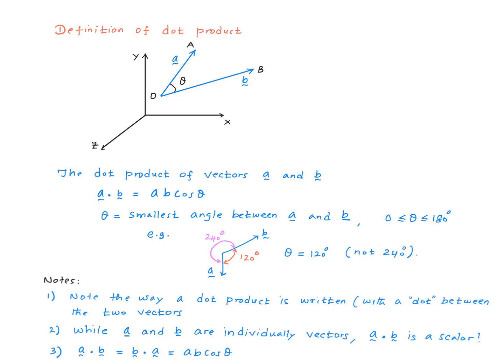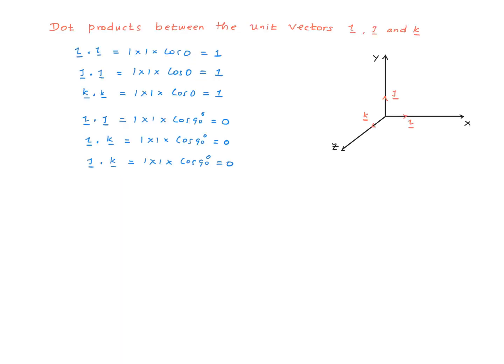What do we get if we apply the dot product between two unit vectors along the x, y, z Cartesian coordinate axes? Well, this is what we get. I dot I would be equal to 1 times cosine theta, just by definition. The angle between I and I is 0. Now recall that cosine 0 is 1 and cosine 90 is 0.